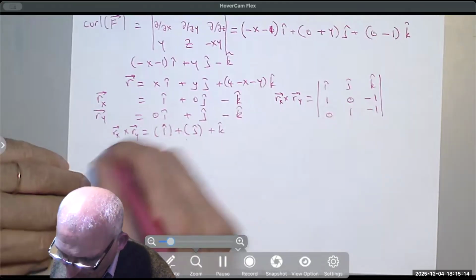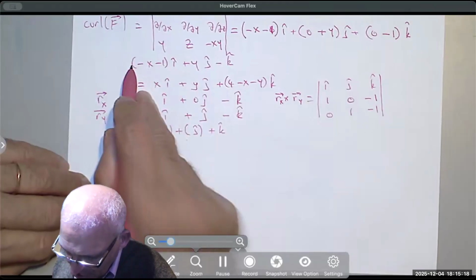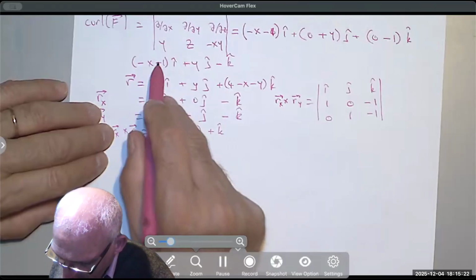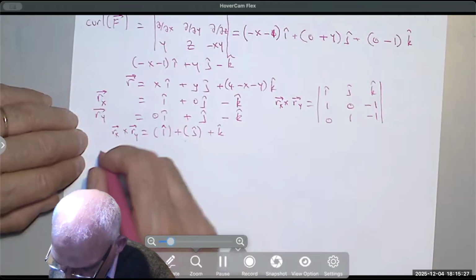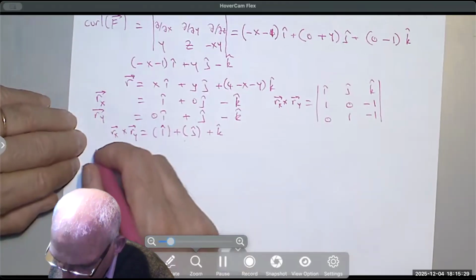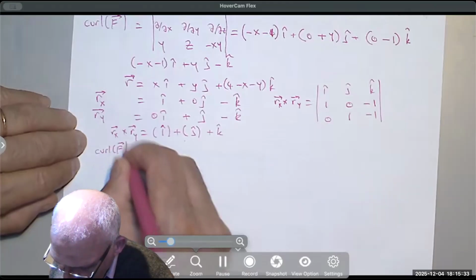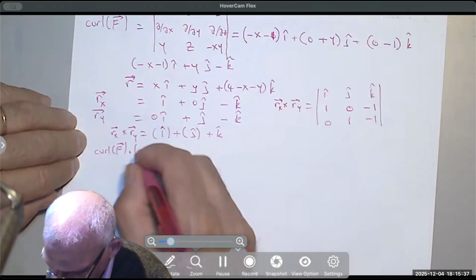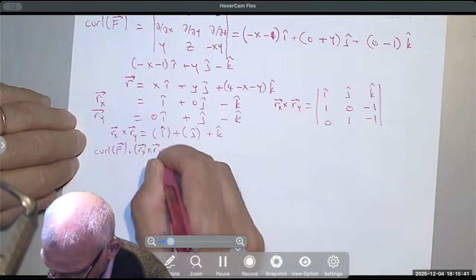Now, when you do the curl of F dot that, I'm going to multiply negative x minus 1 times 1. So I get the curl of F dot n dS, which is Rx cross Ry.